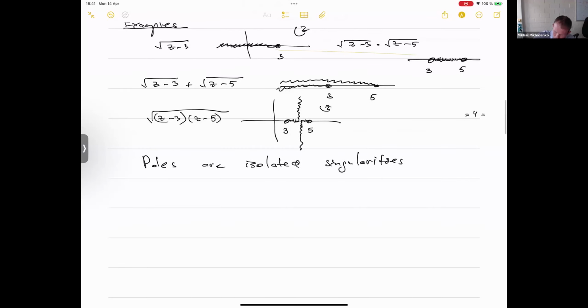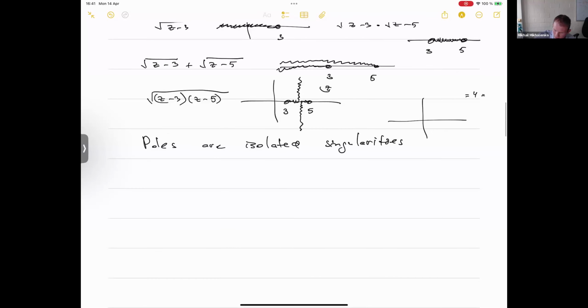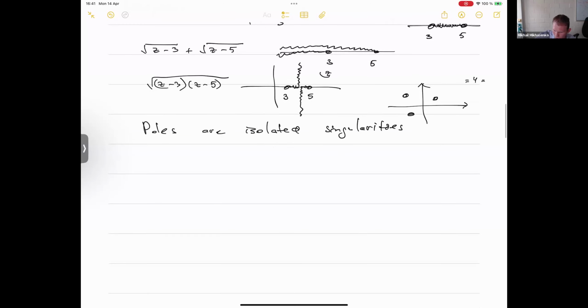Poles are isolated singularities in the complex plane. There might be points where, again, the Cauchy theorem will not vanish, and those are the poles. An example of this is f(z) = 1/(z − (1+i)).